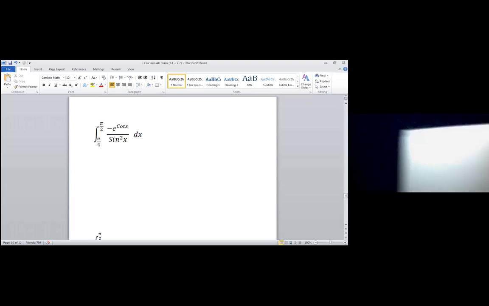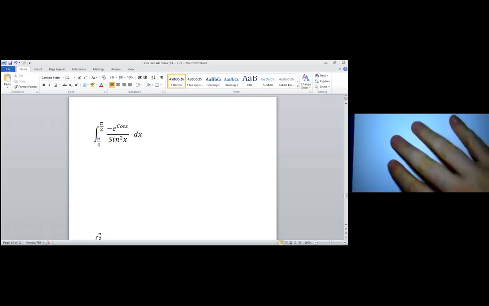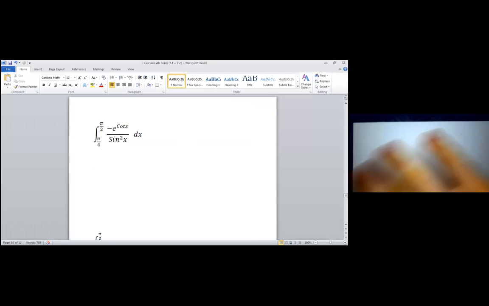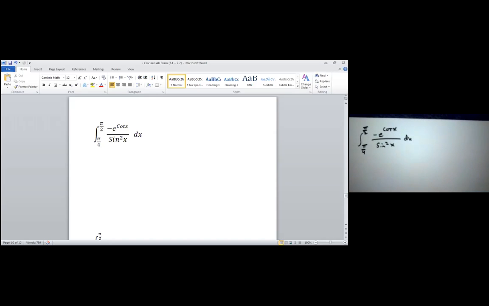For the next one, the integral from pi over 4 to pi over 2 of negative e to the cotangent x over sine squared x dx. We need to clearly do u substitution here. Hopefully everybody would agree with that.